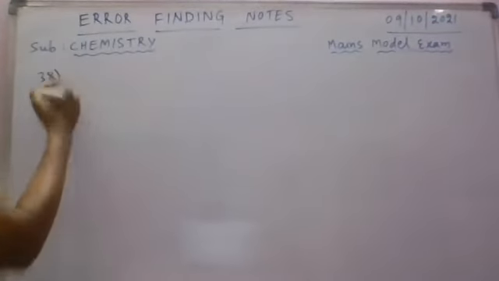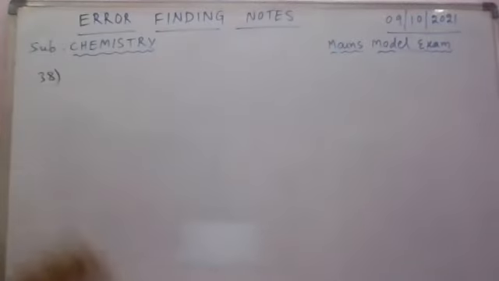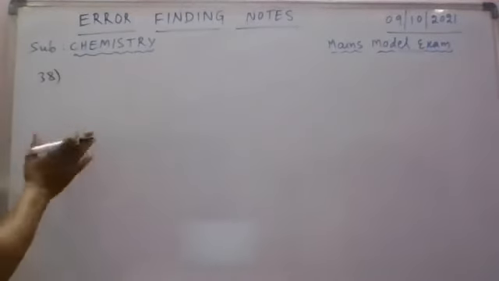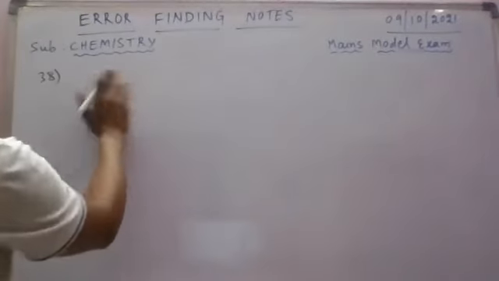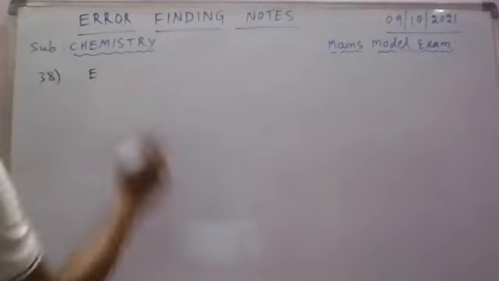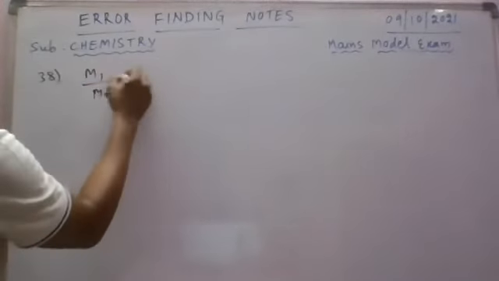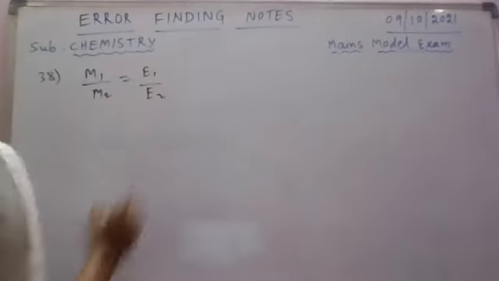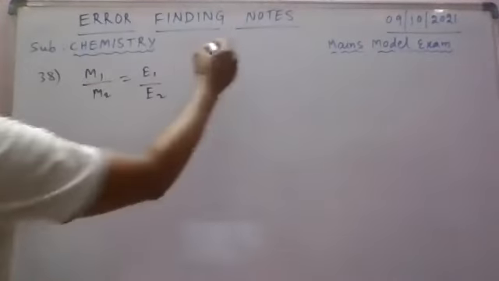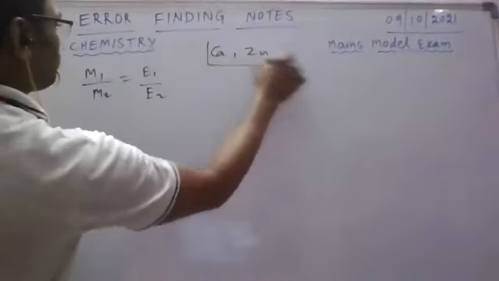Question number 38. 1.6 grams of calcium and 2.6 grams of zinc were treated with an acid. Here the equivalent weight of zinc is given. Here two metals are there, a metal displacement reaction. Simple formula: M1 by M2 is equal to E1 by E2. Two metals, calcium and zinc.